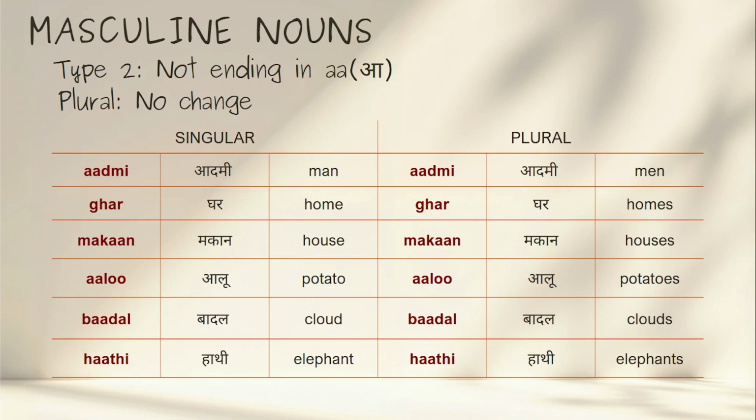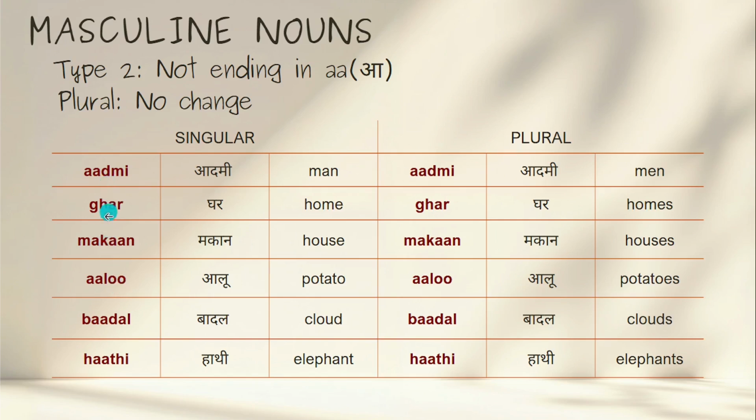Now the second type. The second type are the words that don't end in "a". So these are the examples. And here the plural will have no change. It will be the same word. Admi, which means man. Admi is men. Ghar is for both home and homes.